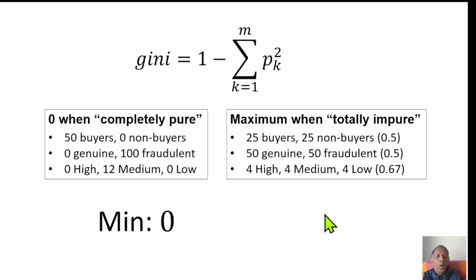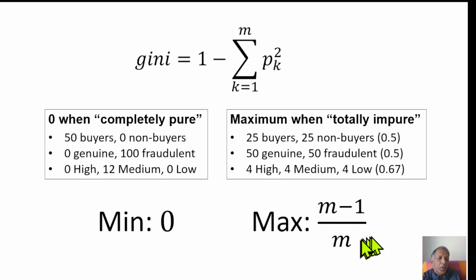And when a node is completely impure, the Gini index is not one single number. It depends on the number of classes. It basically turns out to be (m minus 1) divided by m. So if m is 2, then the maximum Gini index possible is 0.5. When m is 3, the maximum Gini index possible is 0.67.